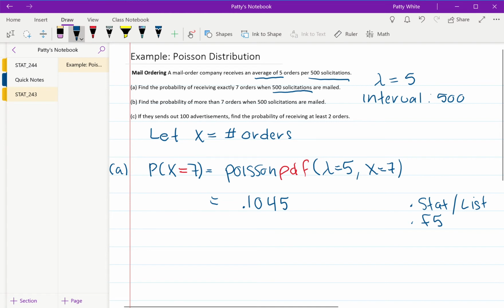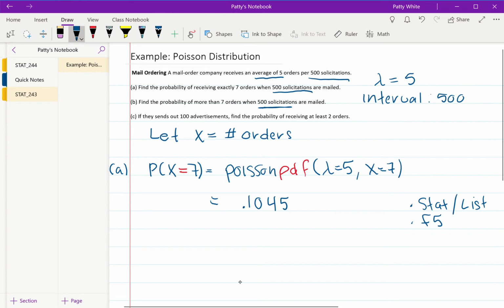Part B says find the probability of more than 7 orders when 500 solicitations are made. So it's 500 solicitations still, and our lambda is set for 500 solicitations, so we can use the same lambda.